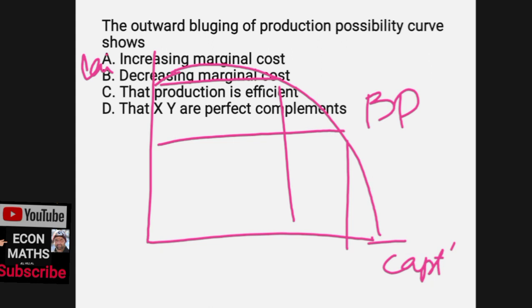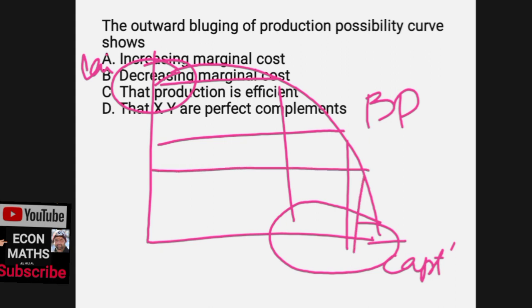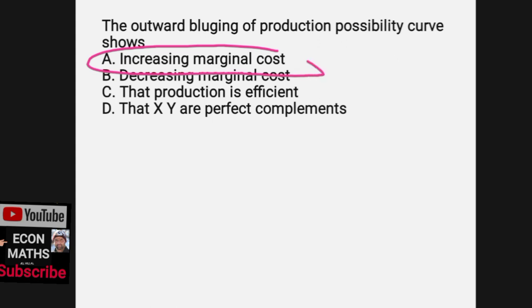That means we have to sacrifice more units of one output for one additional unit of the other, or I can say we have to sacrifice more factors for one additional increase in the factor. So there is increasing opportunity cost. Here it says increasing marginal cost. This is true, I guess.